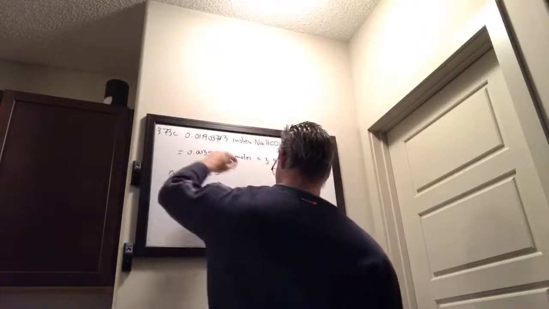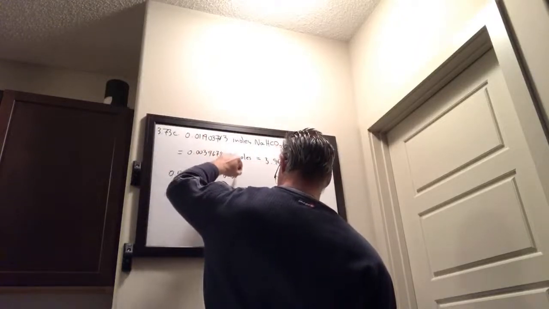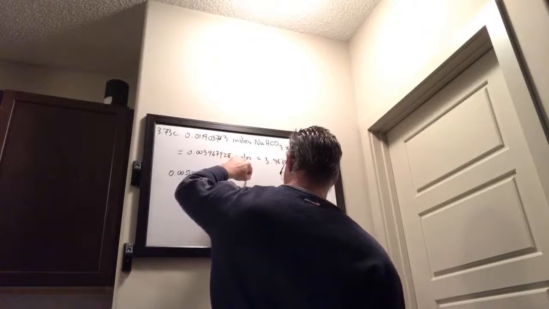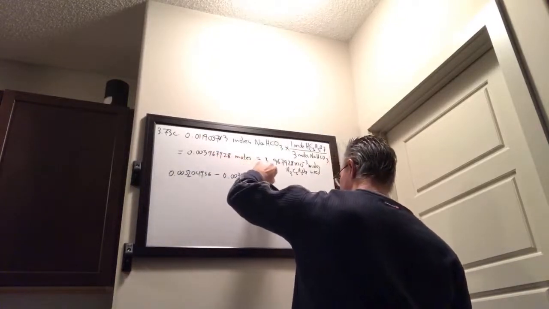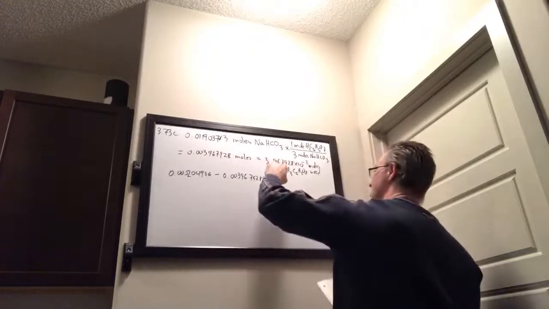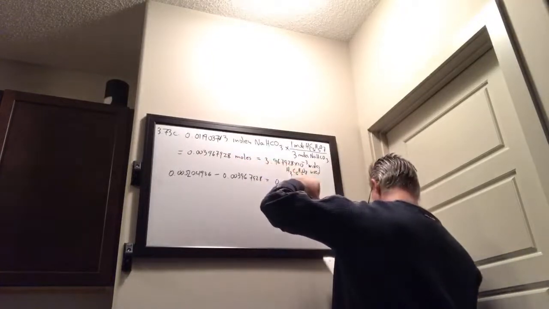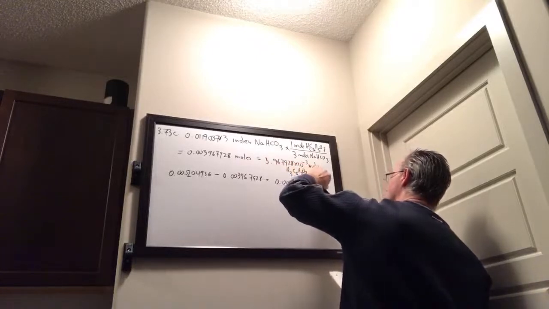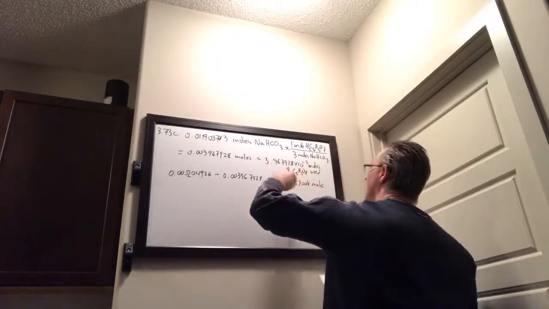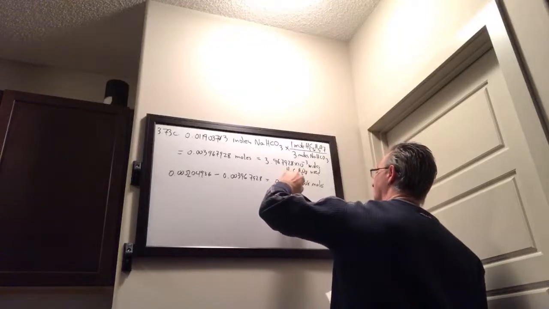You're going to use that much, or that much, whichever one you like to write. What's going to be left is this much, 0.001237008 moles of citric acid left.